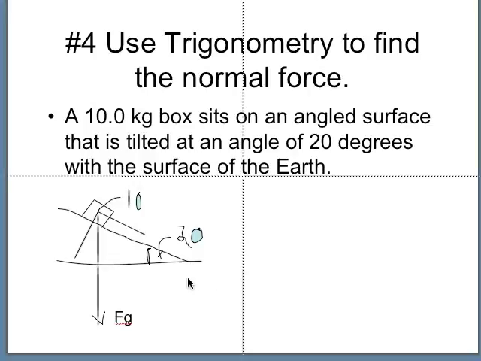If we look at some geometry, we can see that the angle that the ground makes with the earth, as we found out in number 3, is the same as the angle that the force of gravity makes with the perpendicular, with the normal force.